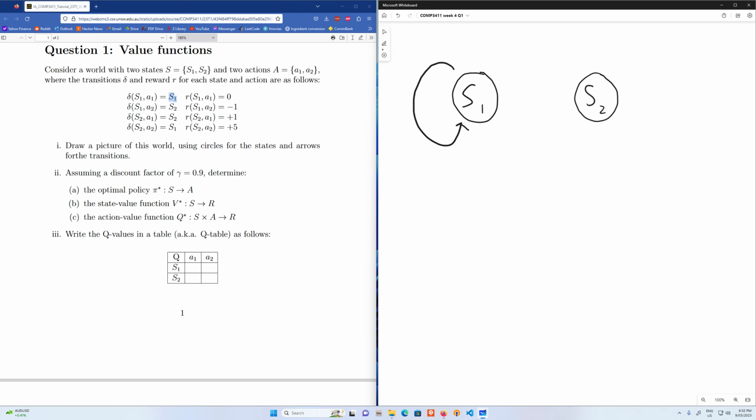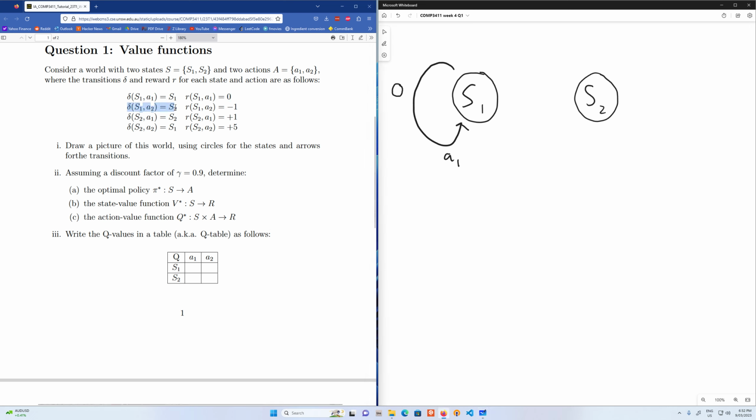The agent beginning in state 1, if he takes action 1, ends up in S1 again. So the arrow basically curves around and becomes a self loop. Now, taking this action from state 1 allows us to get a reward of 0. So I'll put the reward over here that goes along with that action.